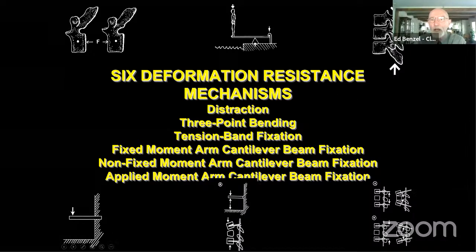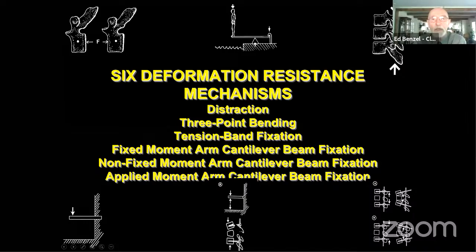And then there are 3 types of cantilevers. A cantilever is a beam that is affixed to an immobile object at one end only. If it's rigidly affixed, like a screw that is rigidly affixed to a rod, we call it a fixed moment arm cantilever beam. But a beam could also be affixed to an immobile object by way of a hinge or a screw that toggles.